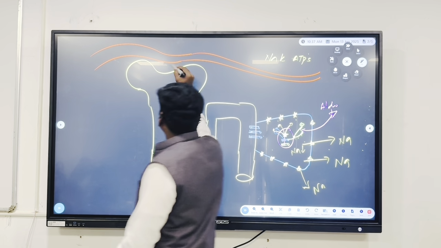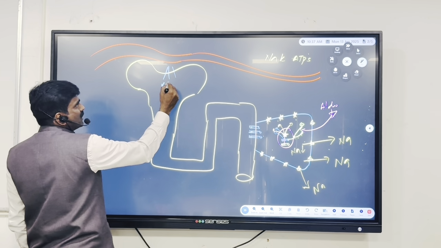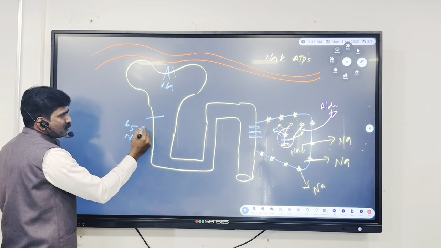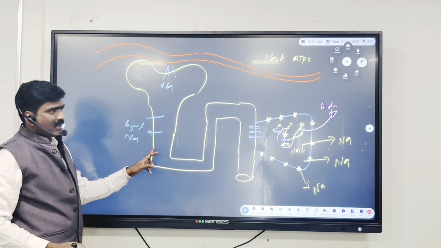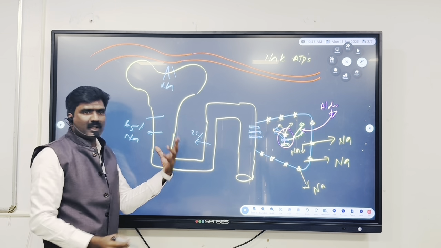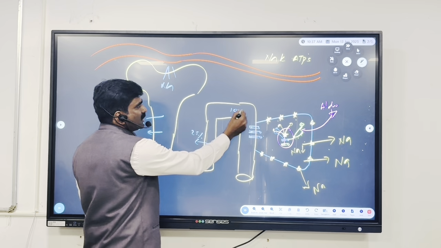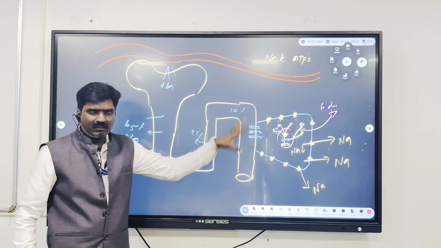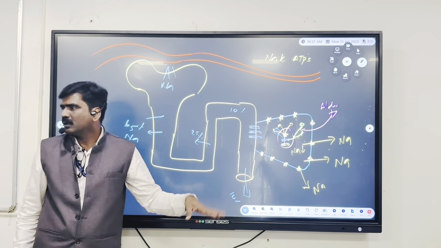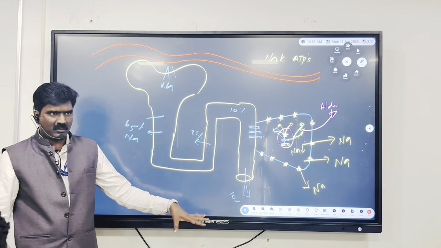Okay, already we discussed, sodium is entering here, 65% of sodium is absorbed here, and here 25% is absorbed, and here 10% is available. It will be lost in the urine. 10% sodium will normally go out in the urine, right?